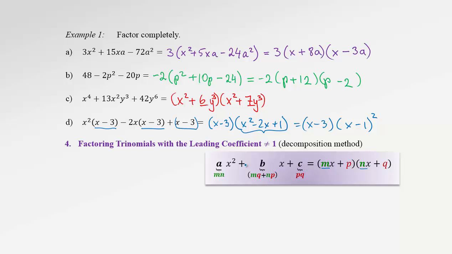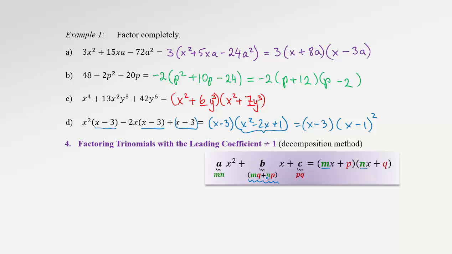The last term of our trinomial, the c term, comes from the product of p and q that we are looking for. That's not a problem. The first term comes from the product of the leading coefficients in our brackets, m and n. However, our main struggle will be to obtain the middle coefficient b.